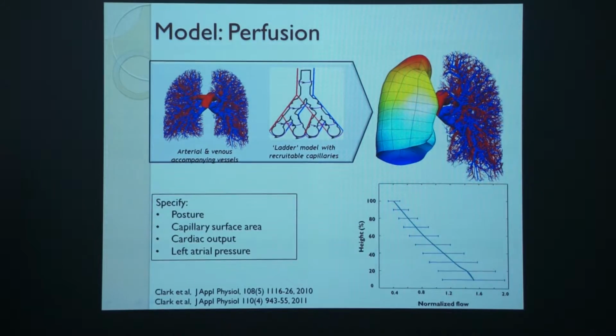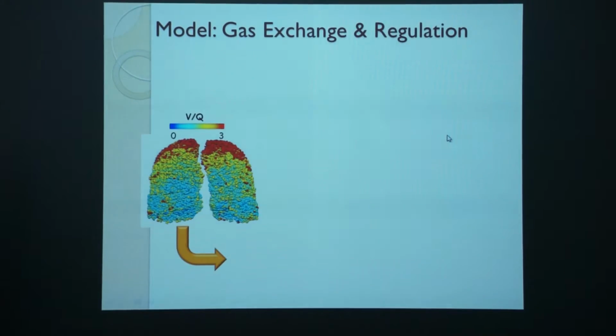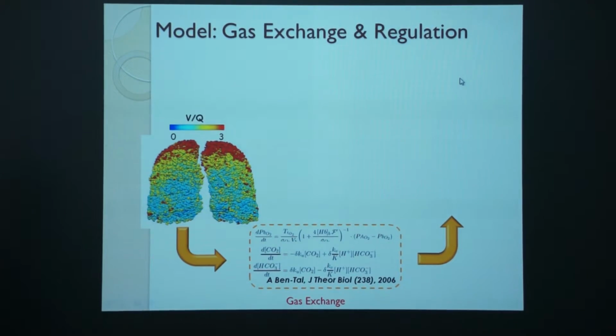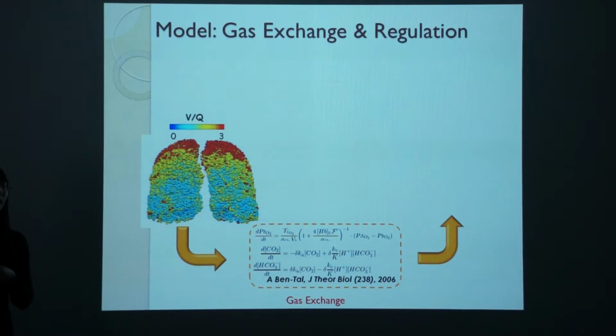And now that we know the amount of blood flow and airflow that is going to each of our 30,000 units, so each of these little tiny dots is a gas exchange unit, we can use biophysics that describes the exact kinetics of gas exchange.